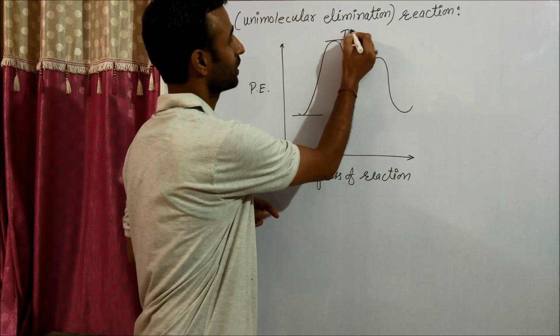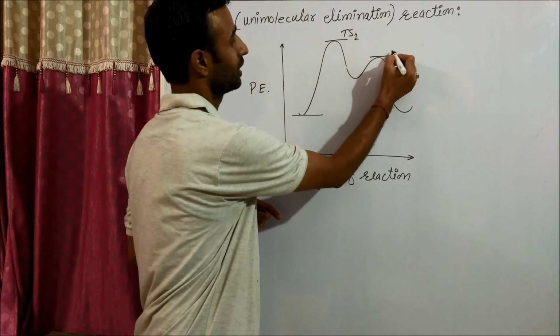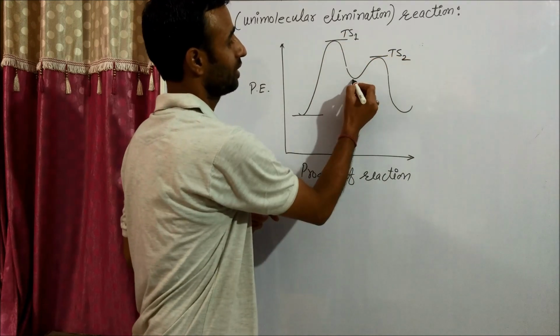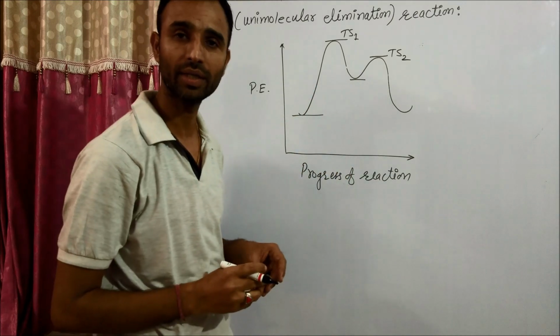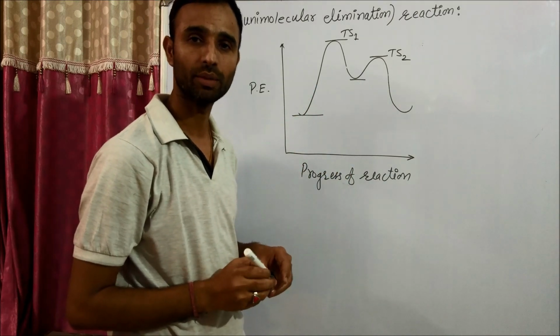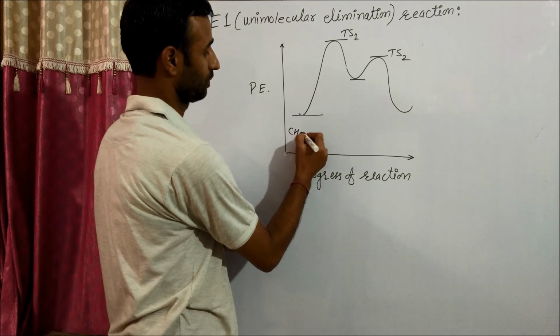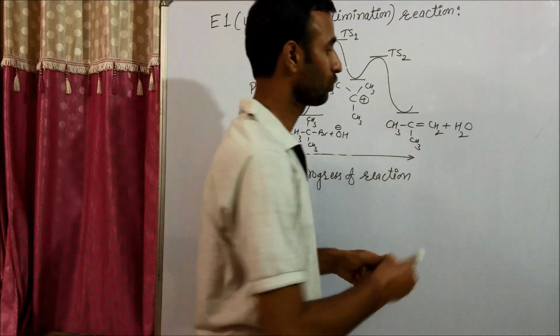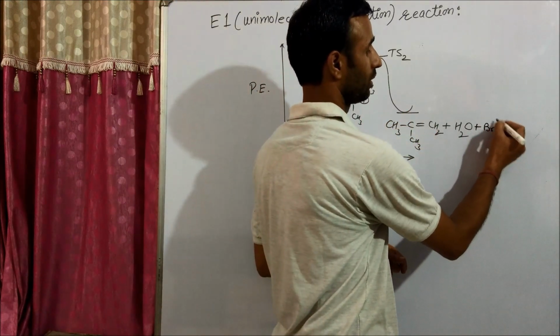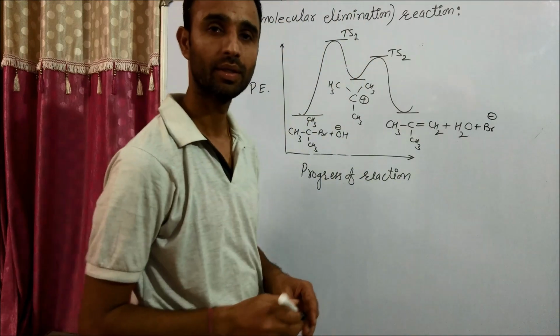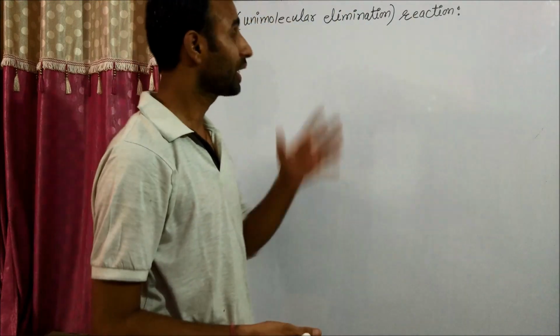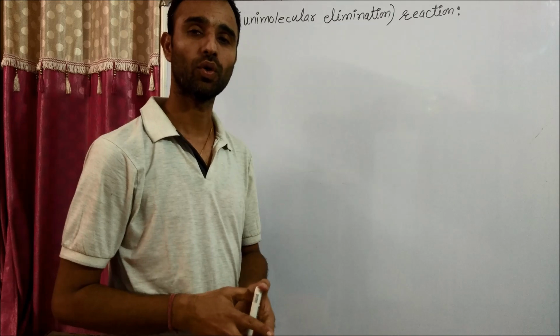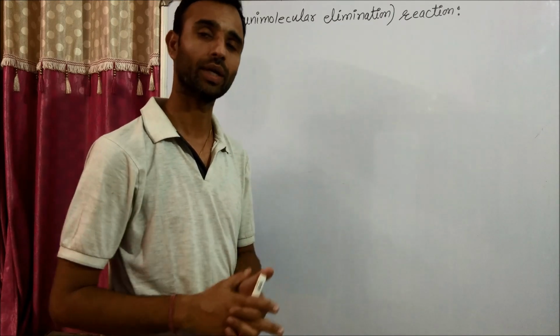This is the first transition state, this is the second transition state, and carbocation is the reaction intermediate. For the reaction, the product is formed along with water and Br negative. So in the E1 reaction, carbocation is formed as the reaction intermediate.